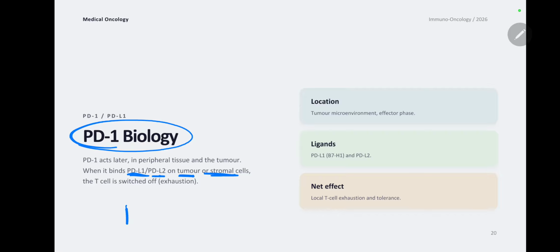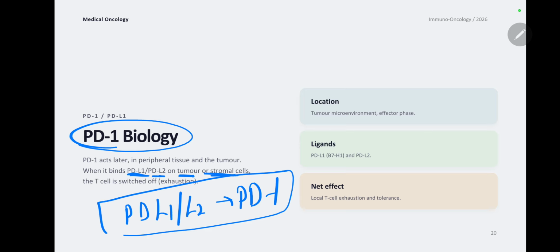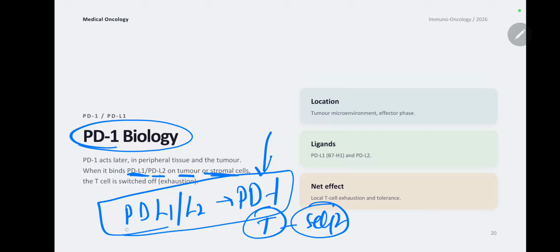When PD-L1 or L2 binds with PD-1, they switch off the T cell, because the T cell recognizes the tumor cell as a self cell. So we block either PD-1 or PD-L1 or L2. This masking happens, and the T cell recognizes the tumor cell as a foreign cell, and the killing starts. So this is the basic mechanism for PD-L1, L2 and PD-1.